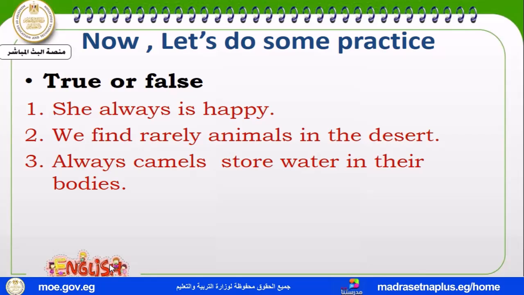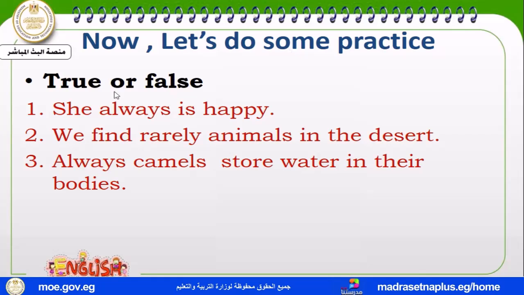Is the sentence correct or incorrect? Number 2, we find rarely animals in the desert. Is it correct or not? Number 3, always camels store water in their humps. Are these sentences correct or not?